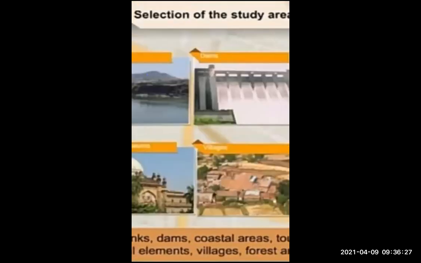Next is villages. Nowadays, if you take an example of villages, in villages lots of people are busy in agriculture occupation. In city areas we do not get the smell of the village, the essence of the village, the fresh air. In cities, fresh air is not available.